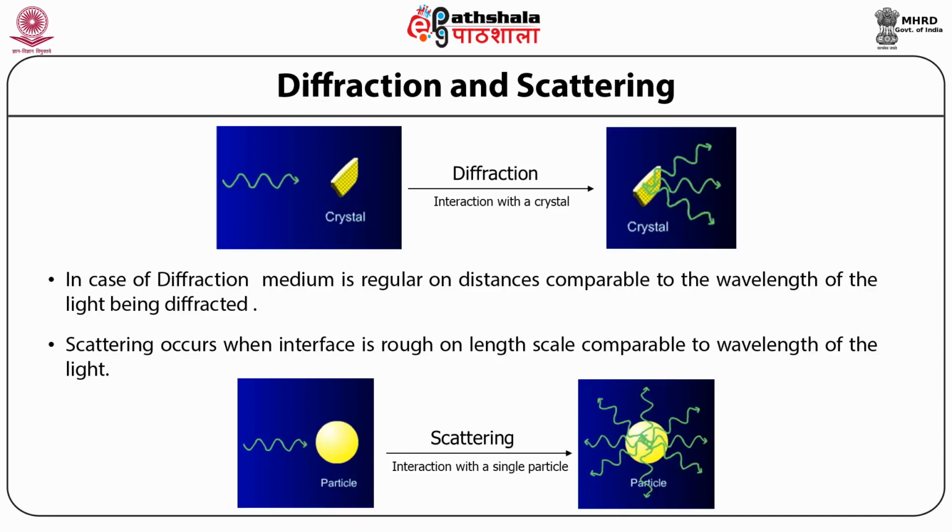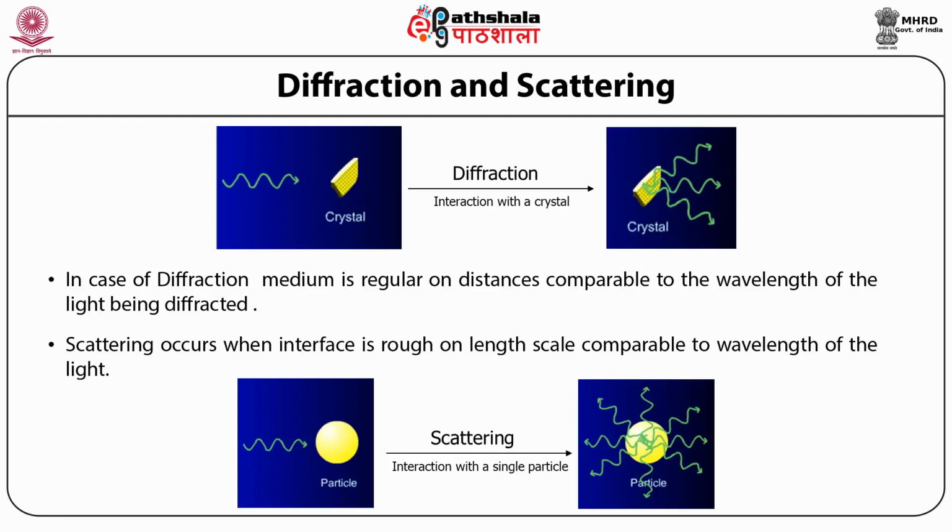In comparison, when an interface or surface is rough on a length scale comparable to the wavelength of light, the light will scatter. Diffraction is a phenomenon observed only in waves, but scattering is observed in both waves and particles. Diffraction is a property of propagation of waves, whereas scattering is a property of wave interactions.